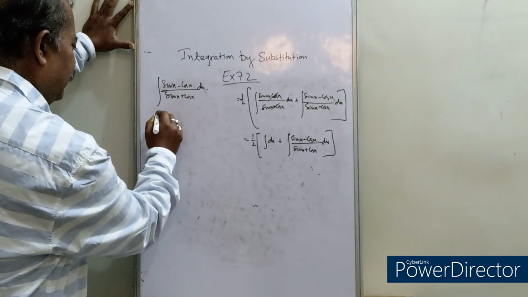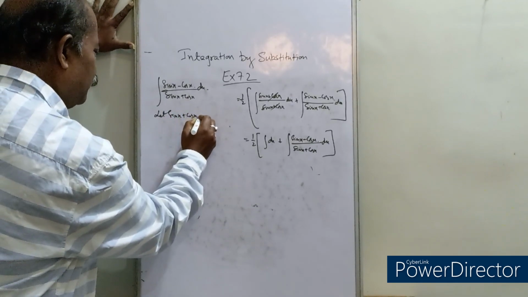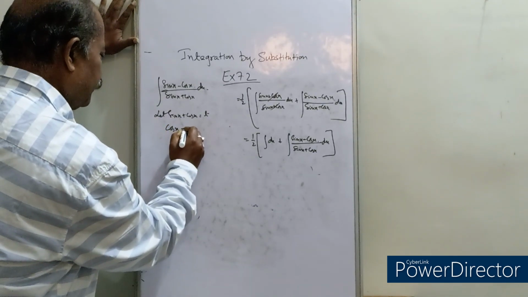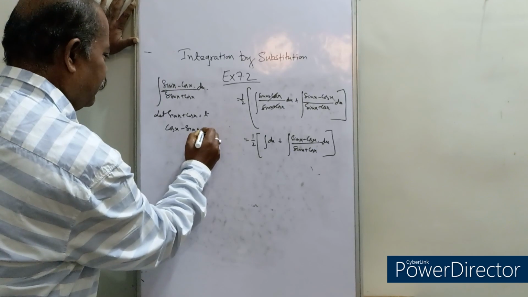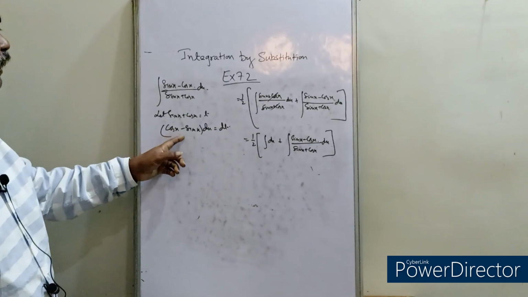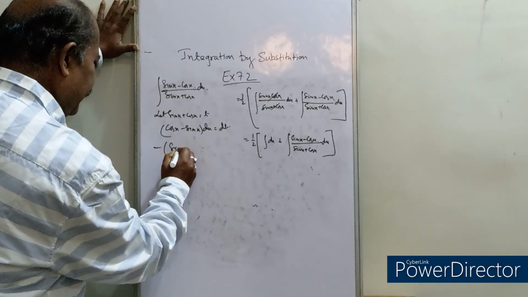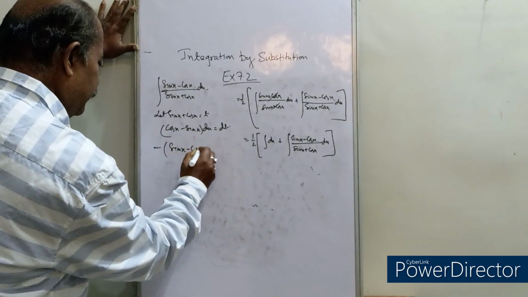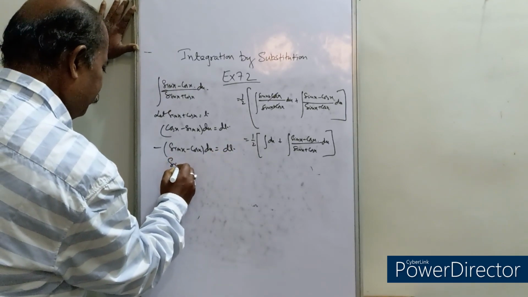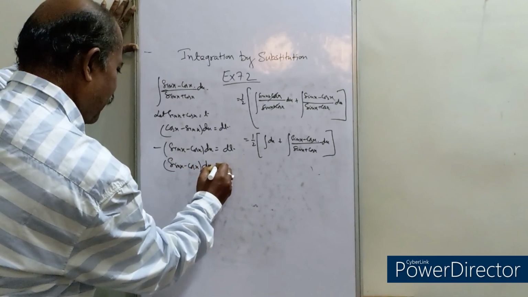If you take this, let sin x plus cos x equal t, then the differentiation of sin x is cos x and that of cos x is minus sin x, and dx, that is equal to dt. Now if I take minus common from here, this becomes sin x minus cos x dx, equal to minus dt.